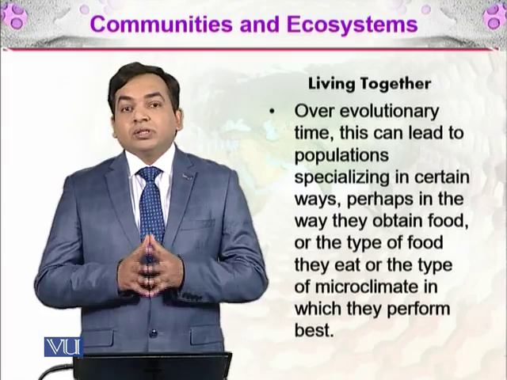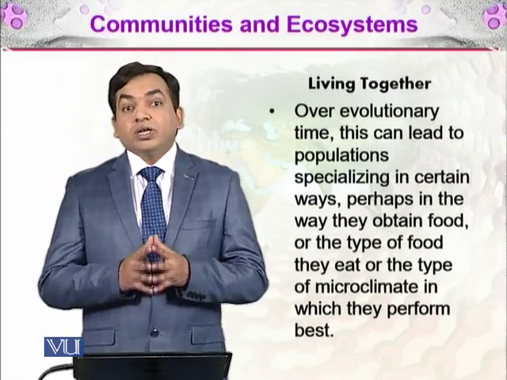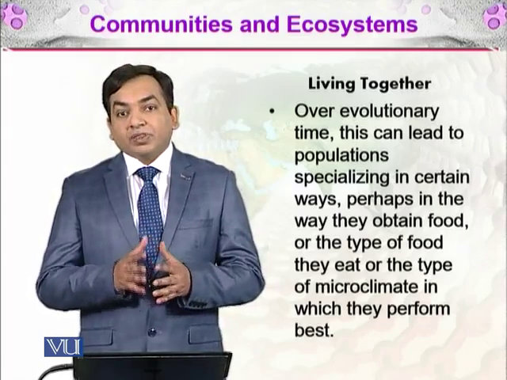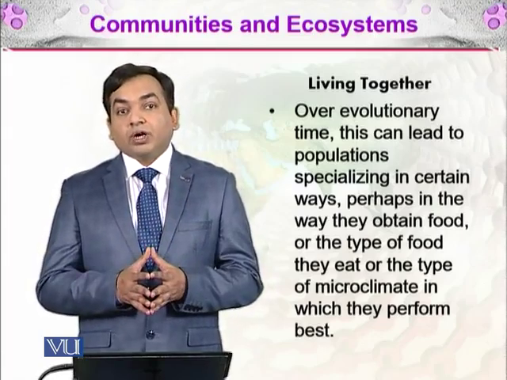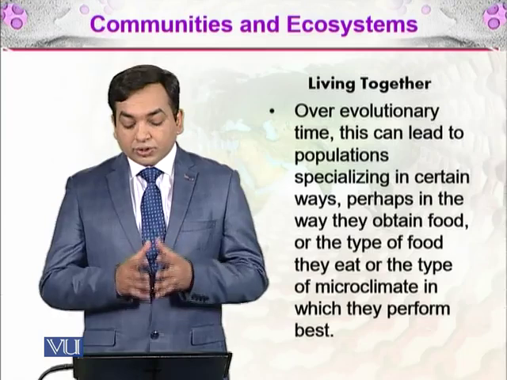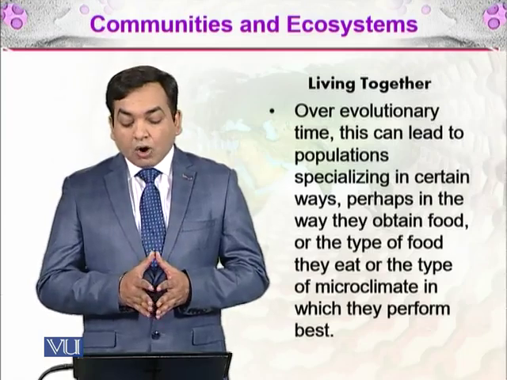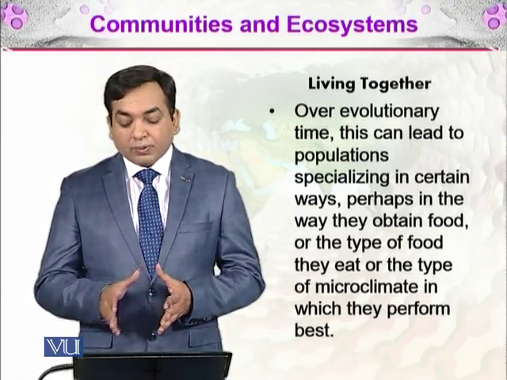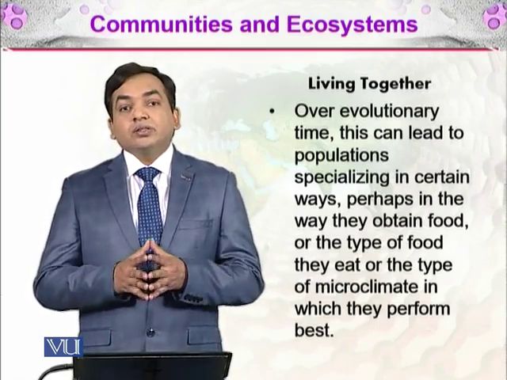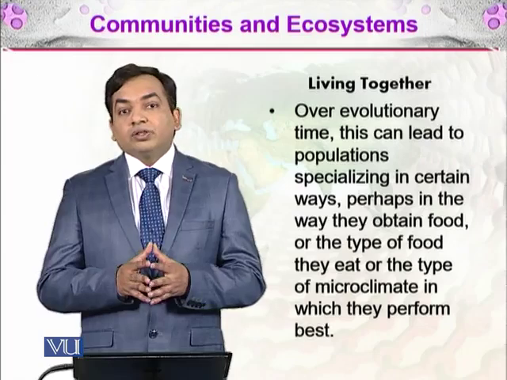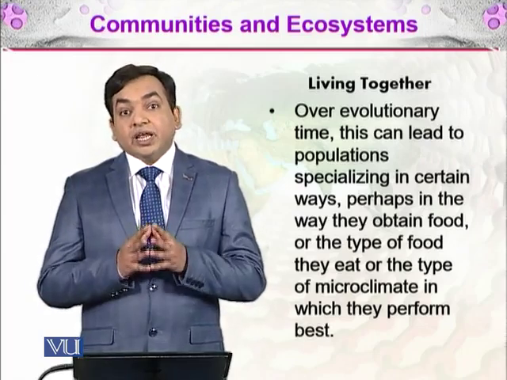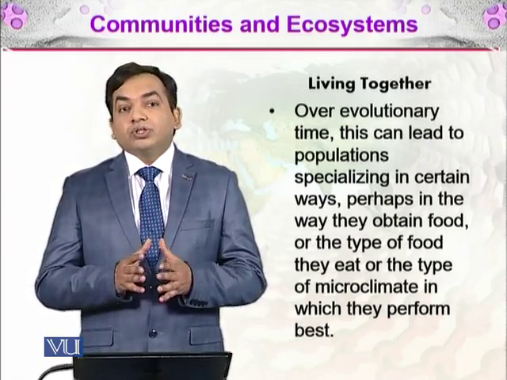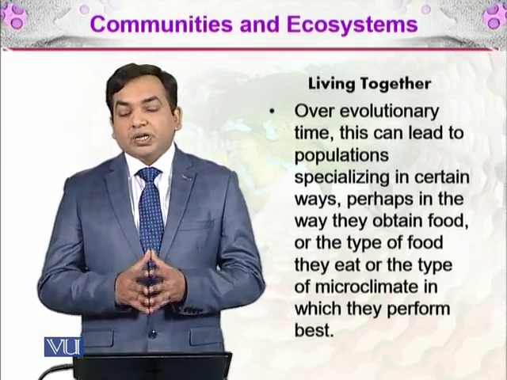These two species will evolve together in how they behave in the environment, the type of food they eat, or the type of microclimate in which they perform best. They face the selection pressure of evolution together, so their evolution will be similar as well.